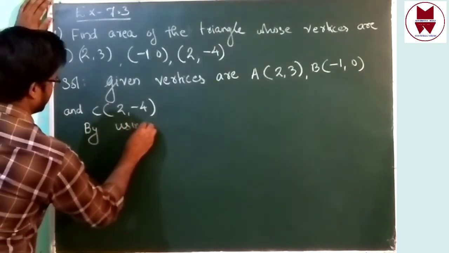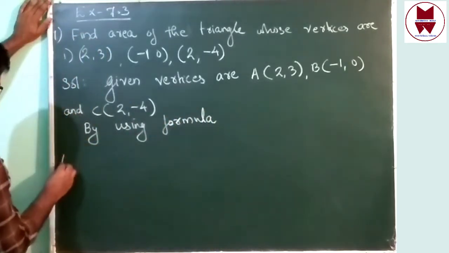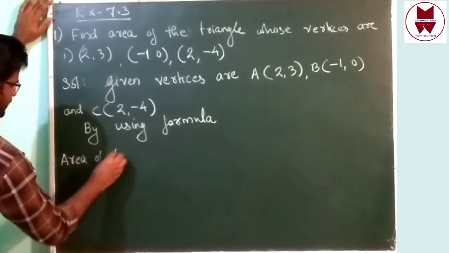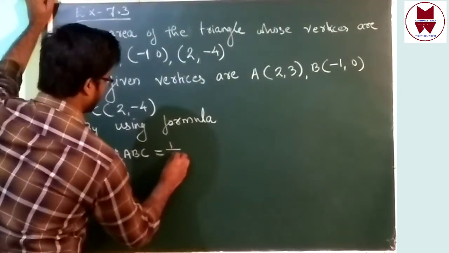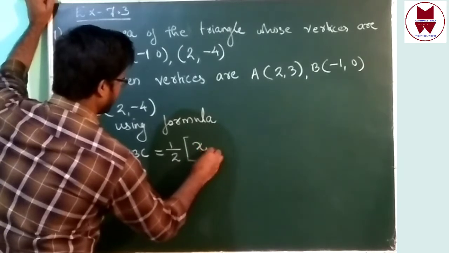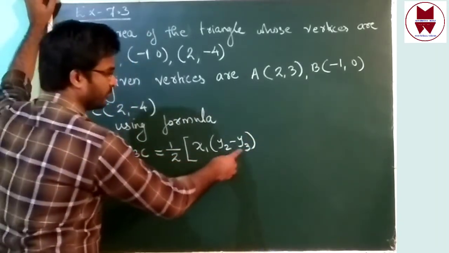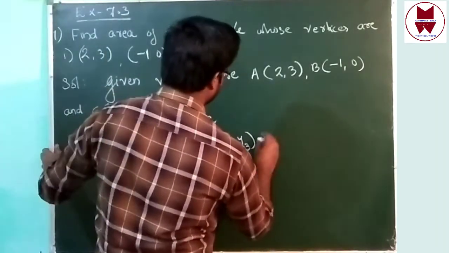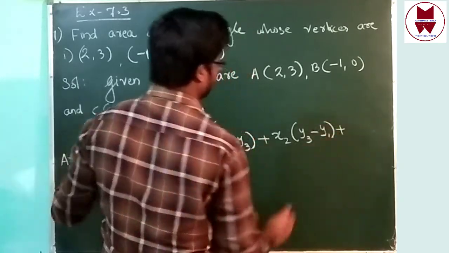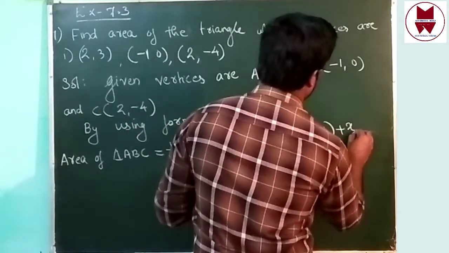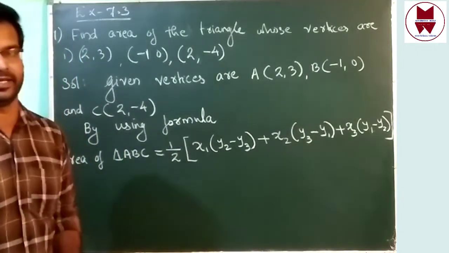By using the formula, area of triangle ABC equal to, first write the formula: 1 by 2 into x1 (y2 minus y3), start with 1, 2, 3, plus x2 (y3 minus y1), plus here 2, 3, 1, x3 (y1 minus y2). This is the formula for the area of a triangle.